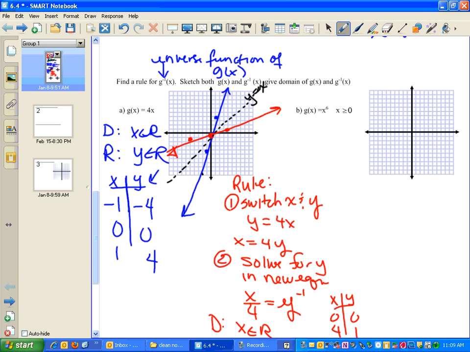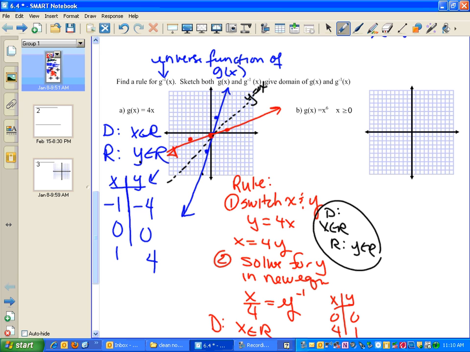The range of your original. Okay? So what is x going to be an element of here? The reals, but we're looking at the y value here, right? So y is an element of the reals.